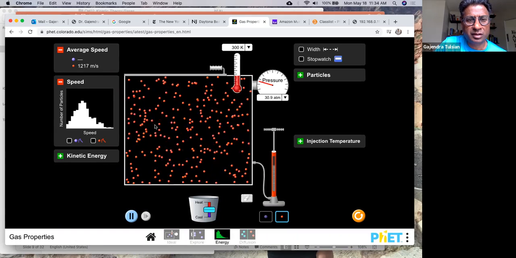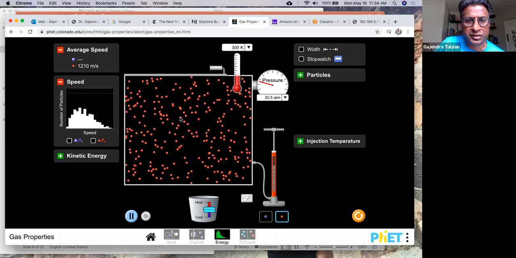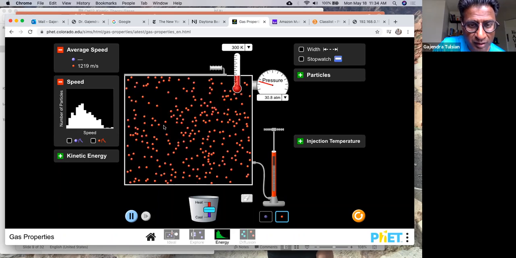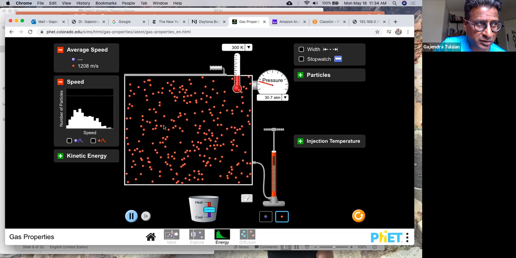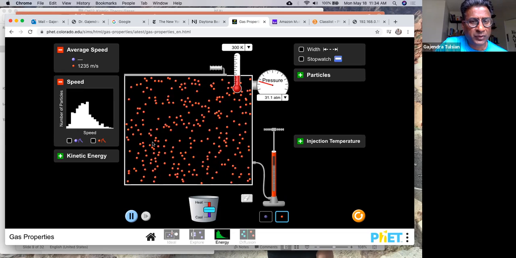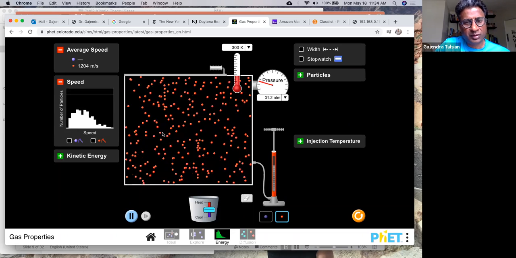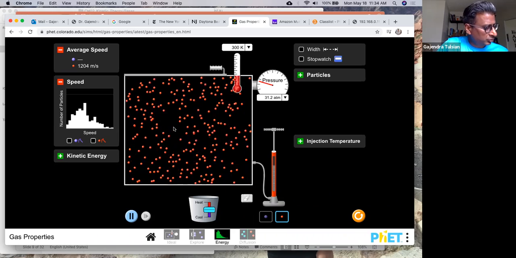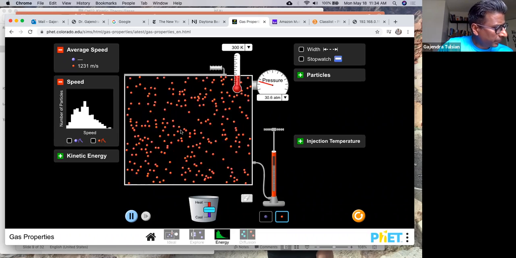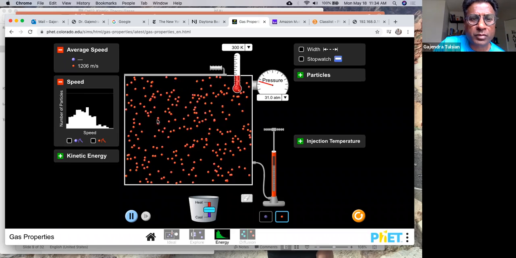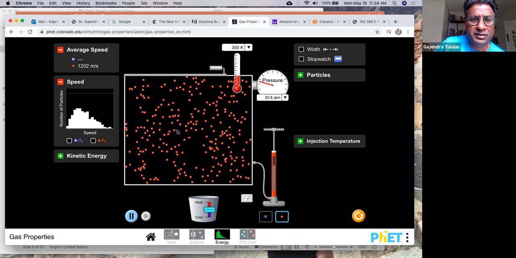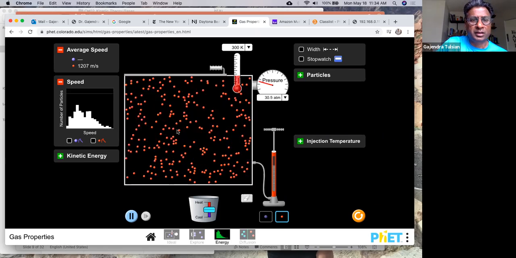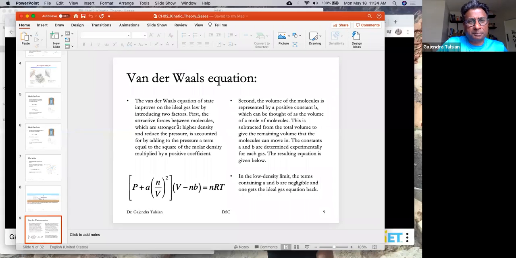That is true if the gas is dilute, and in most situations that we handle, we will assume that. But if you take a very dense gas, then that's not true. And here's a correction to the ideal gas law.